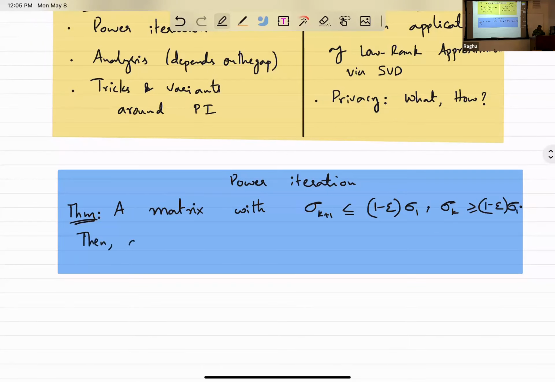And then after t iterations of power iteration, you get a vector which gets a very good value. And in particular, it also gets close to the true solution, right?